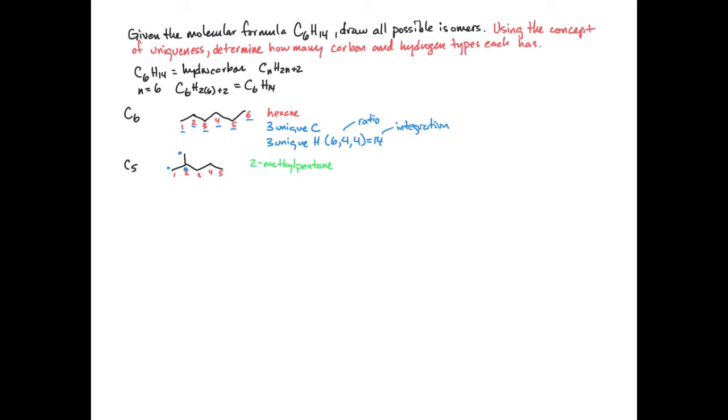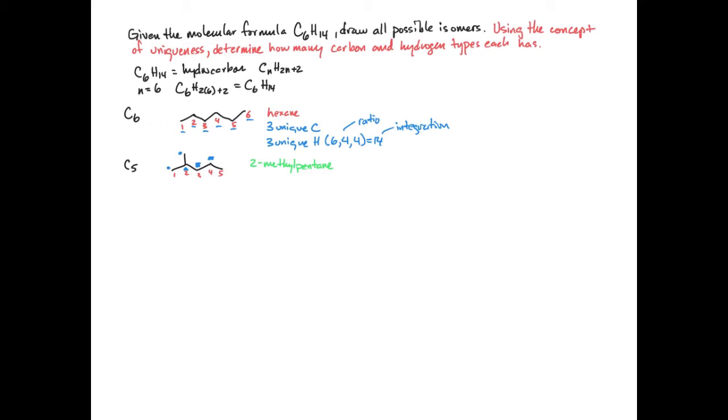As we go to carbon 3, that's a CH2 group. That's unique from what we've seen before, and we'll put a square. Carbon 4 is a CH2 group, but it's not the same as the CH2 group at 3, so maybe we'll put a little parallelogram. So far we're up to 1, 2, 3, 4 different types of carbon.